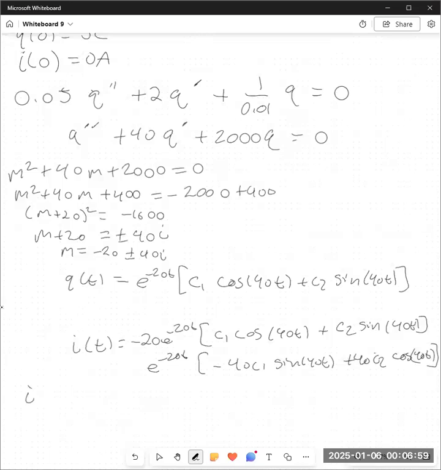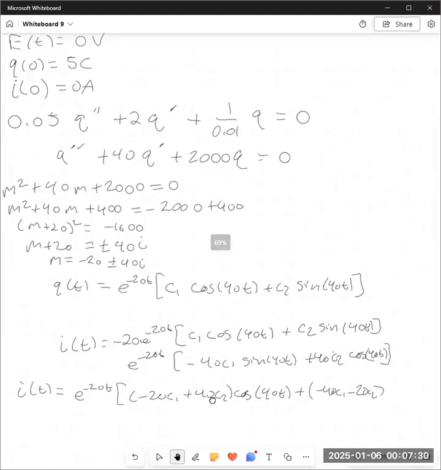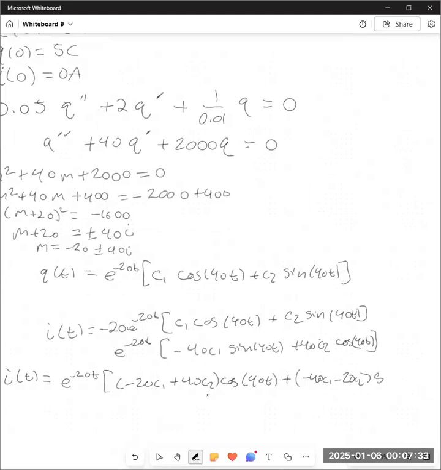And that means i of t is equal to e to the negative 20t times negative 20 C1 plus 40 C2 cosine of 40t plus negative 40 C1 minus 20 C2 sine of 40t, right?